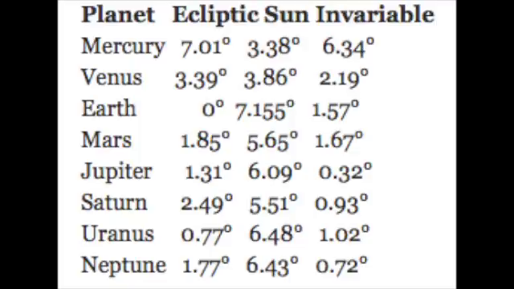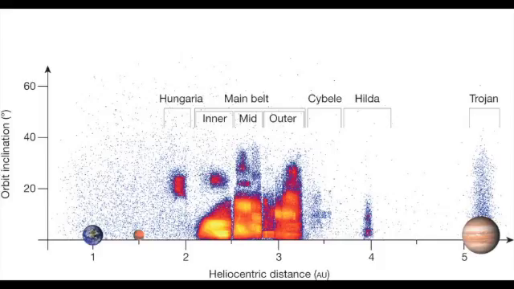The problem lies in the asteroids. If you look at the next diagram, which shows the distribution of the asteroids in the solar system, especially in the asteroid belt, the asteroids are represented by the scatter plot of blue and yellow. The yellow dots are asteroids in the core region of the asteroid belt.